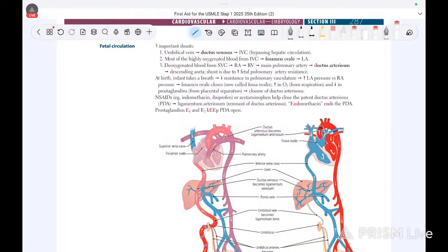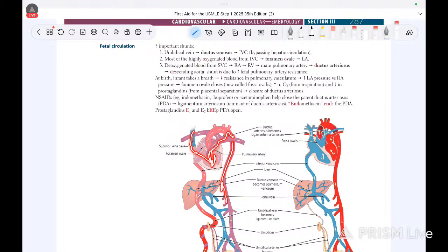Then the deoxygenated blood from the SVC goes to the right atrium, the right ventricle, and to the main pulmonary artery. Then via the ductus arteriosus it goes to the descending aorta.